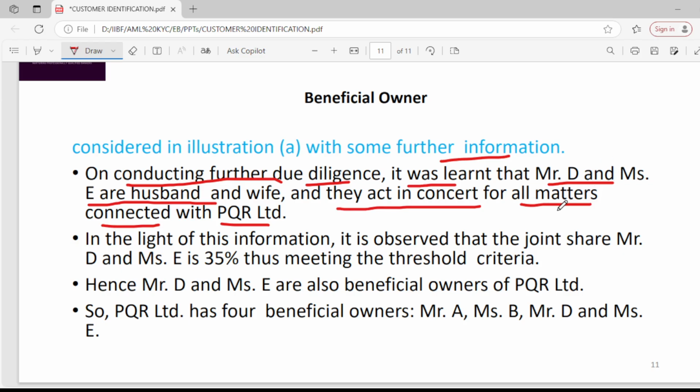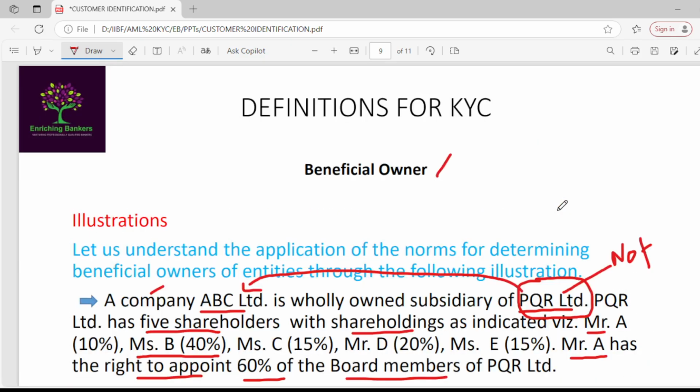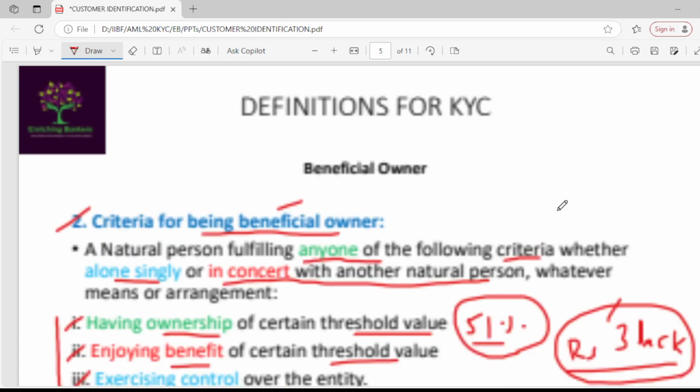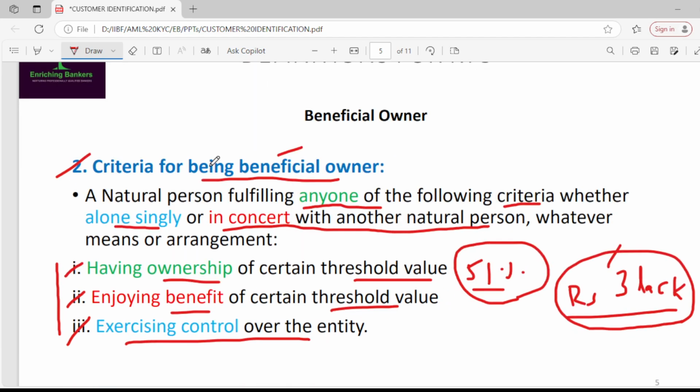So they satisfied this condition: any natural person who fulfills any one of the following criteria.